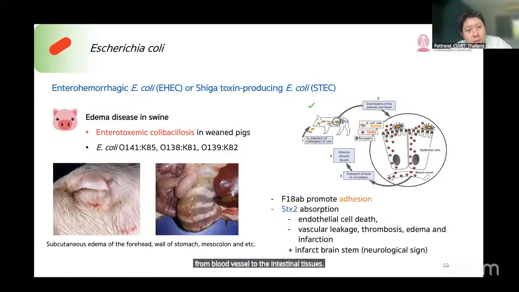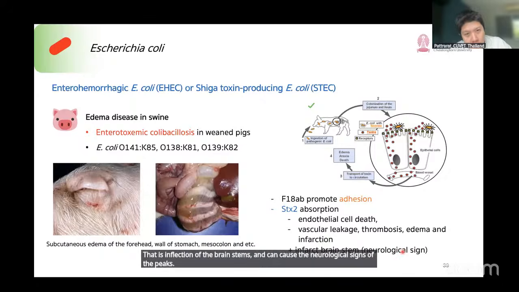For pigs, we can see lesions such as subcutaneous edema of the forehead, the wall of the stomach, and mesocolon, and there is infarction of the brain stem, which can cause neurological signs in the pigs.